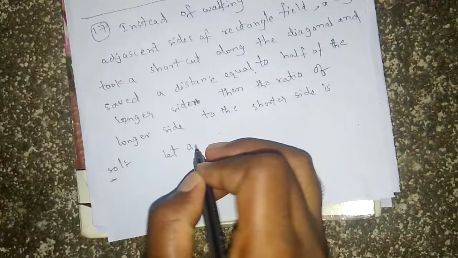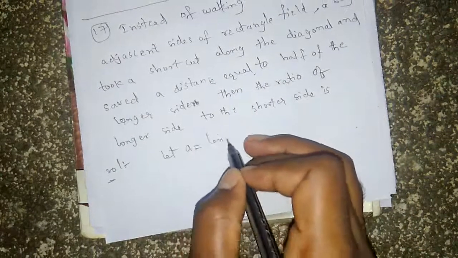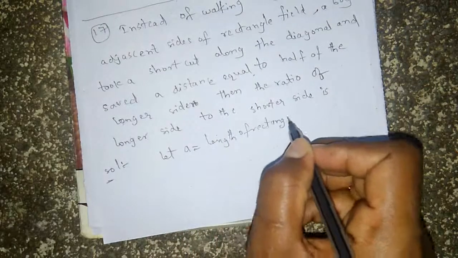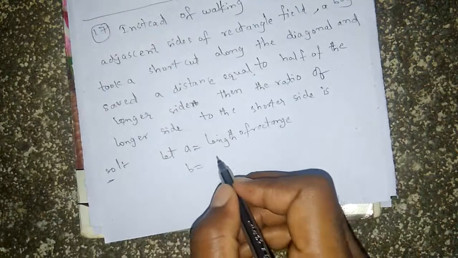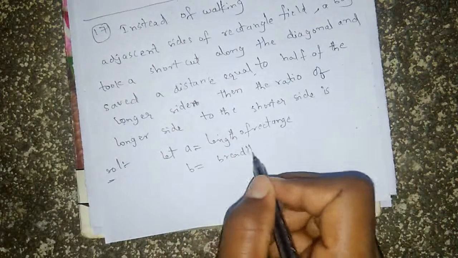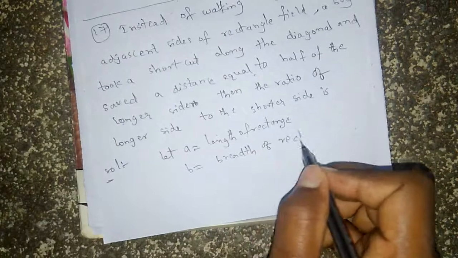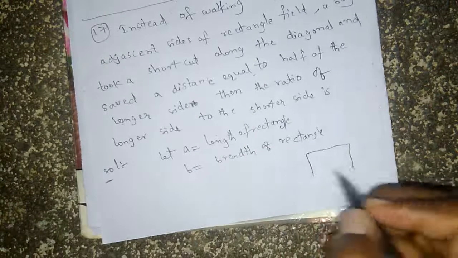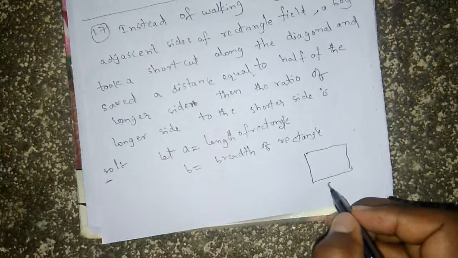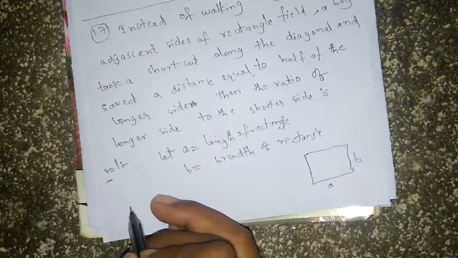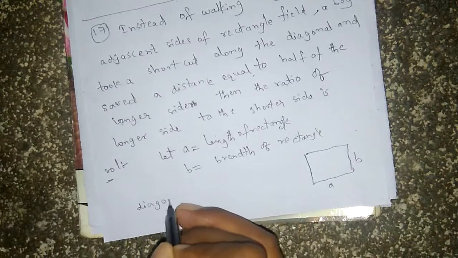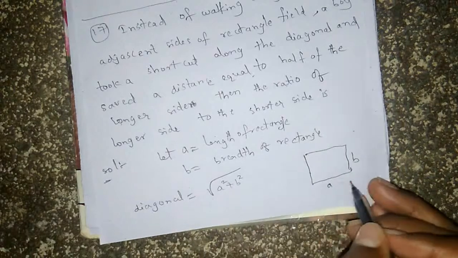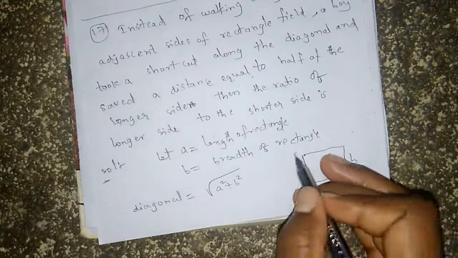Let A is equal to length of the rectangle, B is equal to breadth of the rectangle. Diagonal length is equal to root of A square plus B square. Let this be ABC.